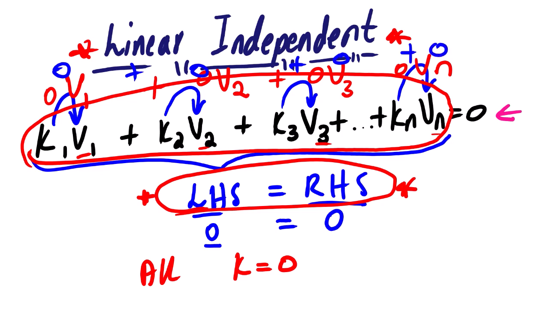Then the sum of all the zeros will be equal to 0. We'll end up having something like this. So for linear independence, the values of k must be 0.